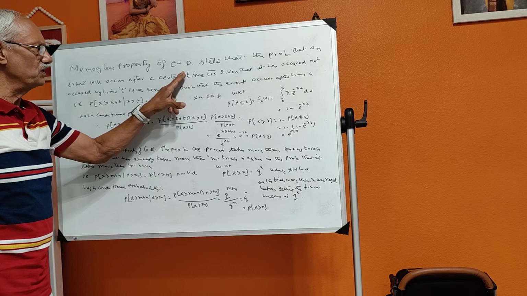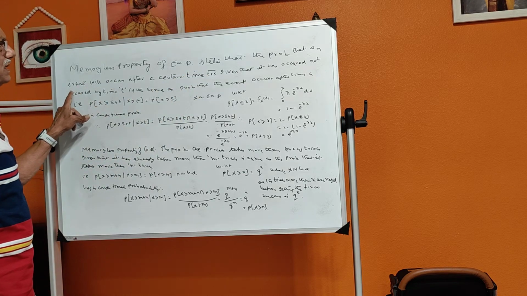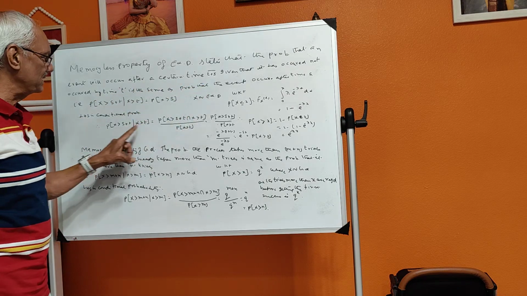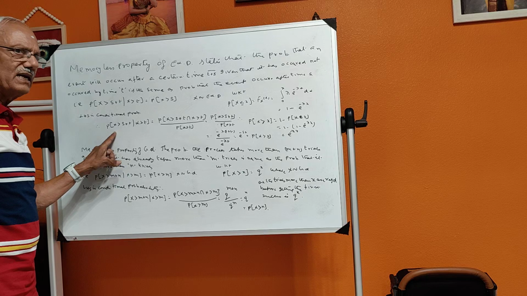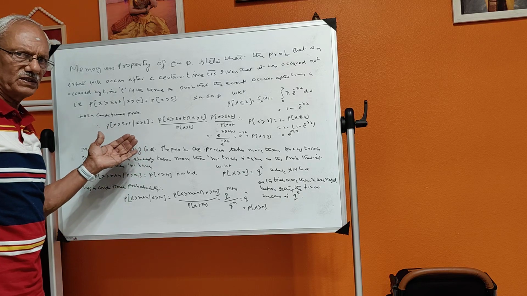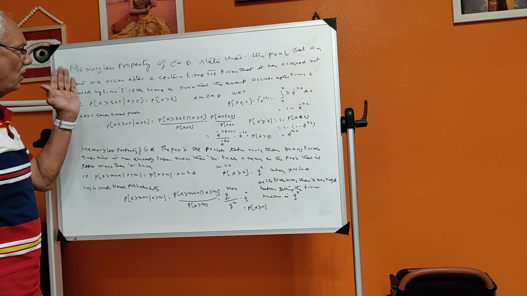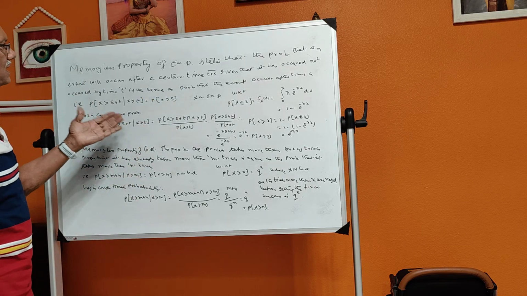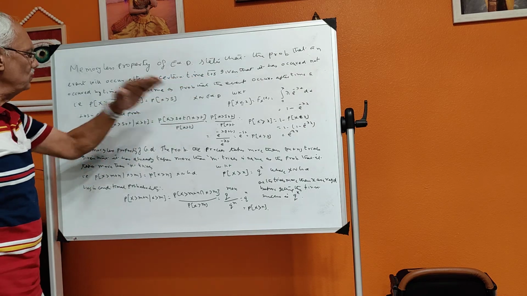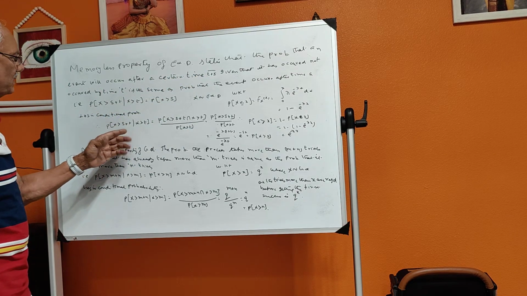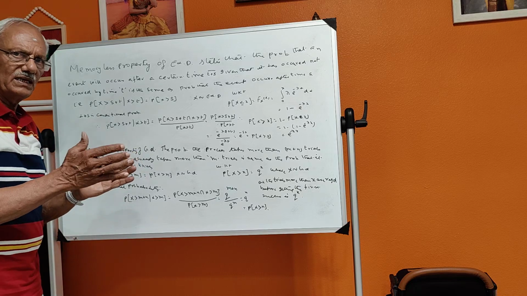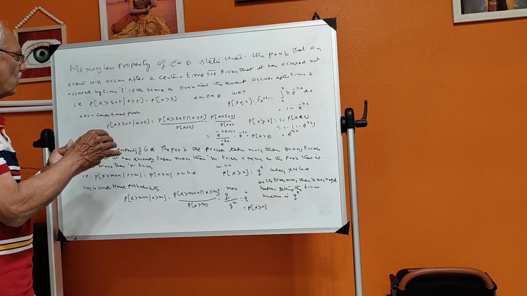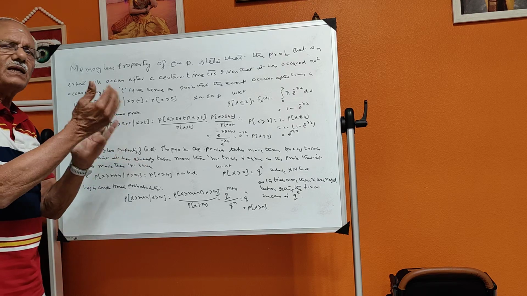See how we define this Memoryless property. The Memoryless property of the exponential states that the probability that an event will occur after a certain time t plus s, where x is a random variable that talks about the time of happening of a certain event, given that the event has not occurred by the time t, but we are trying to find the probability of the event happening after t plus s.